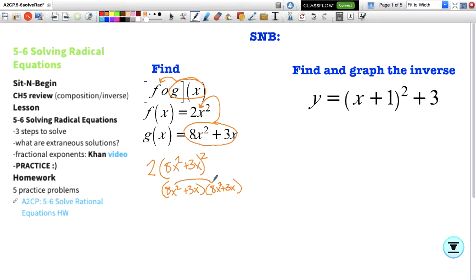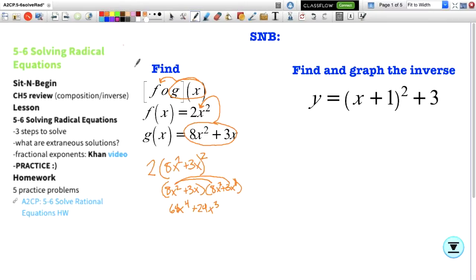So we're going to take this and multiply it here. 8 times 8 is 64. X squared times x squared, when we multiply bases we add our powers, so 2 plus 2 is 4. Then I'm going to take this and send it down here, so 8 times 3 is a positive 24. X squared times x to the first, again we add those powers, I have x to the third.